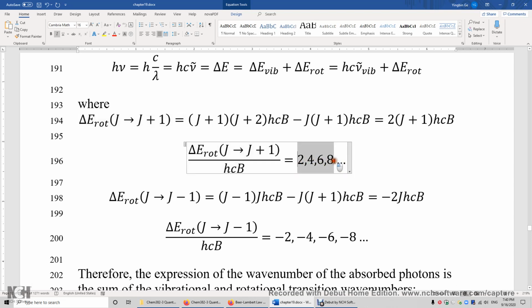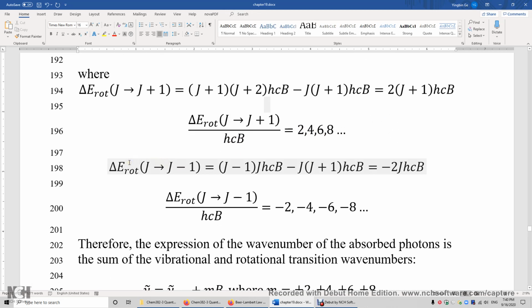So what does that mean? Well, that means when you do a vibrational transition, it's accompanied by a rotational transition. If the rotational transition is excitation, J increases by 1. And then we need to include this much energy. Either it's 2hcB or 4hcB or 6hcB or 8hcB. Well, the HCl molecule can also undergo a rotational de-excitation over here.